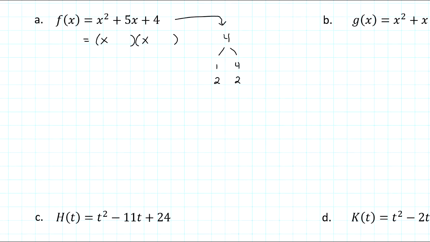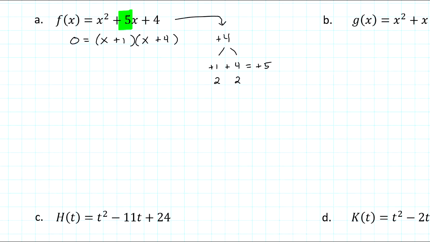We want these to add up to 5, and so if we do positive 1 plus 4, that will multiply to be a positive 4, and it will add to be a positive 5. So those are our winning numbers there, so we can put plus 1 and plus 4 into our parentheses.